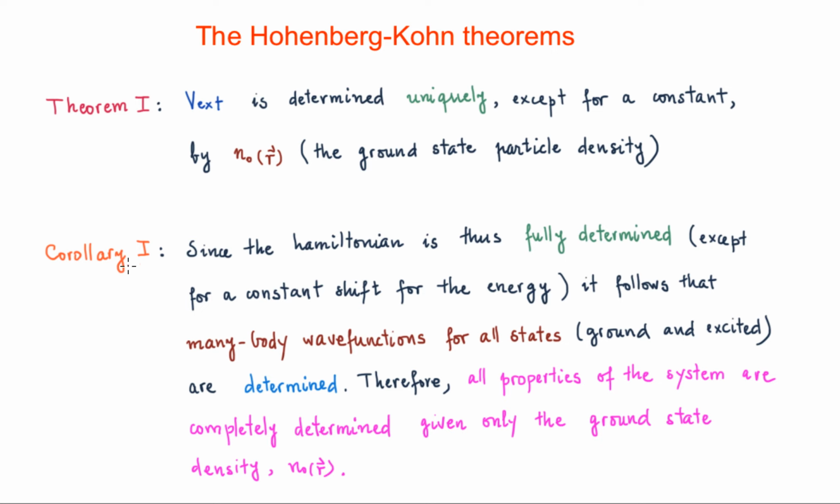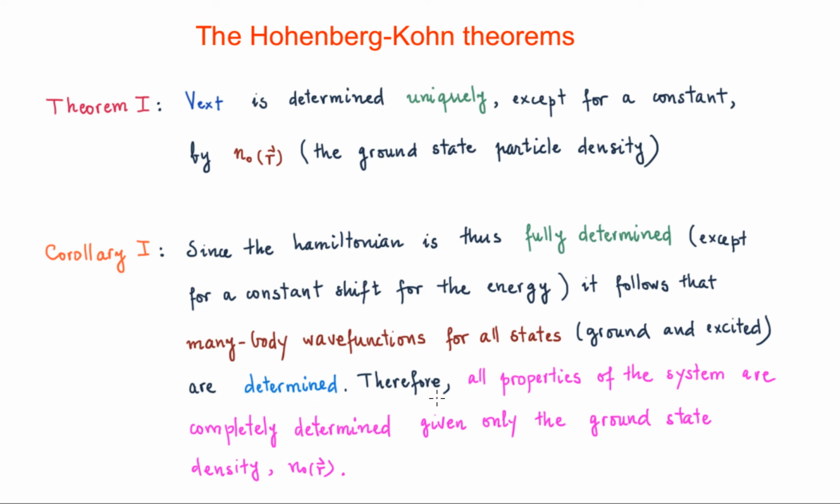And it has a consequence, a corollary. The corollary of the first theorem is the following. Since the Hamiltonian is thus fully determined, except for a constant in the energy, by the ground state particle density, which fully determines Vx and therefore the Hamiltonian, it follows that many-body wave functions for all states, any eigenstate, either ground state or excited states, are also determined.